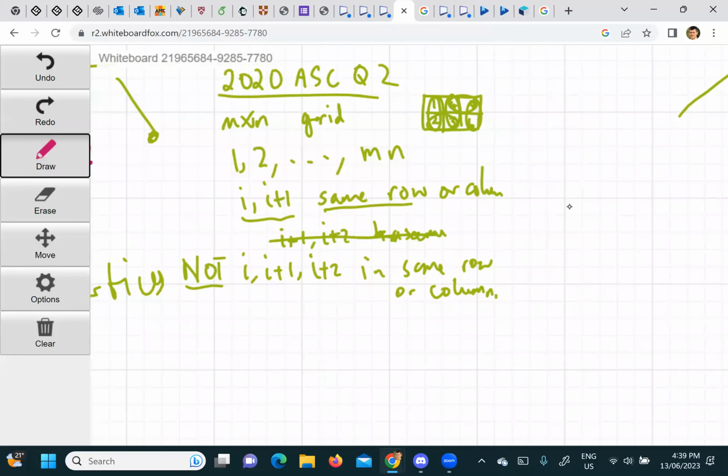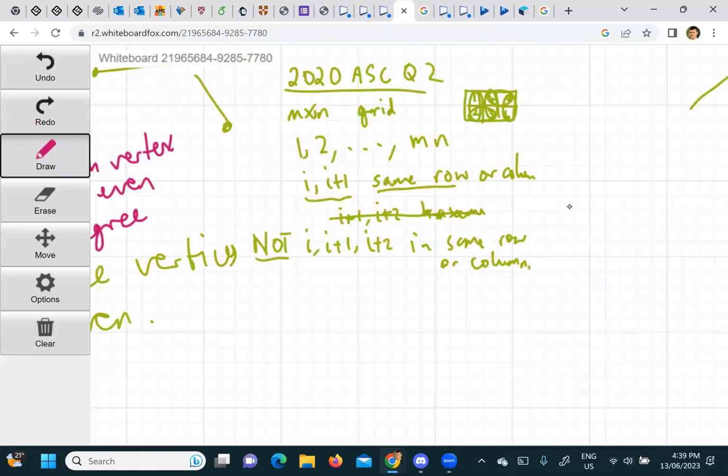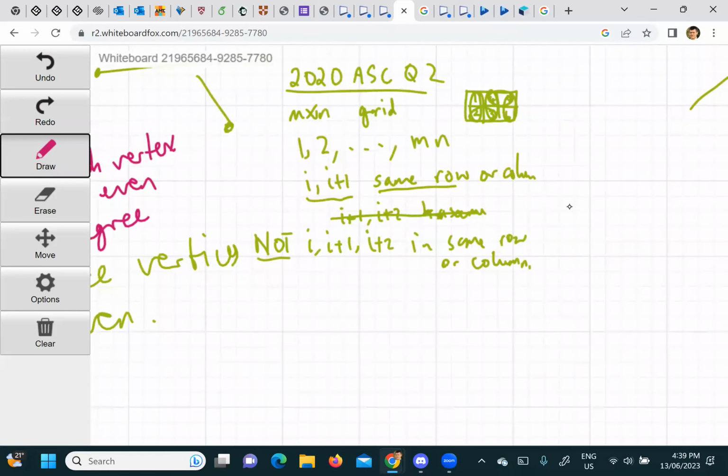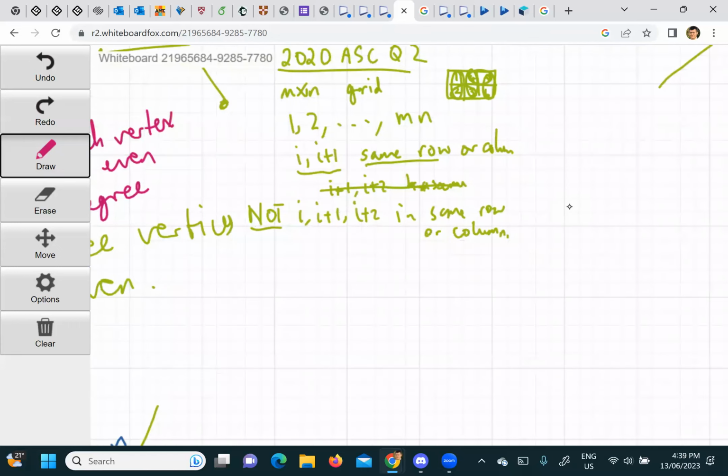It's relating it to this Euler circuit, okay? So the claim is that Euler trails and circuits correspond exactly to the numberings of this grid. So what do I mean by that?